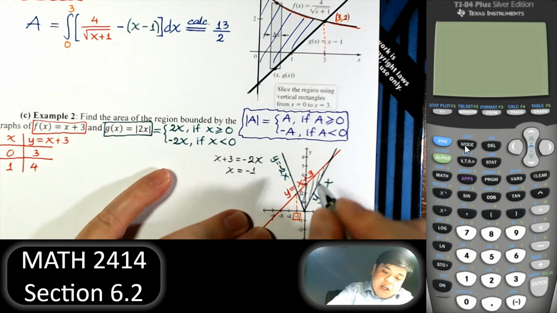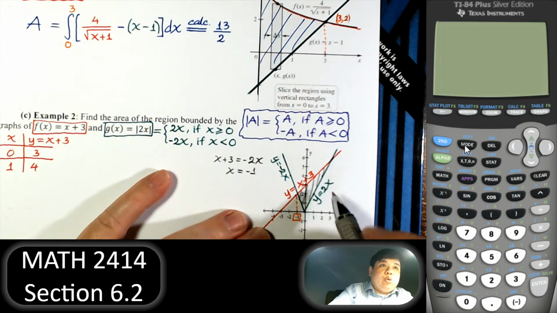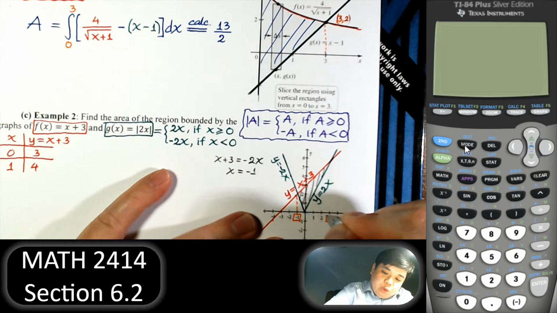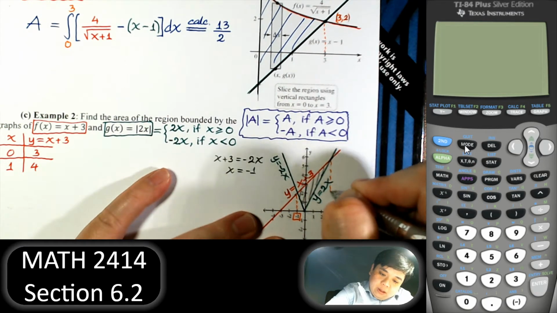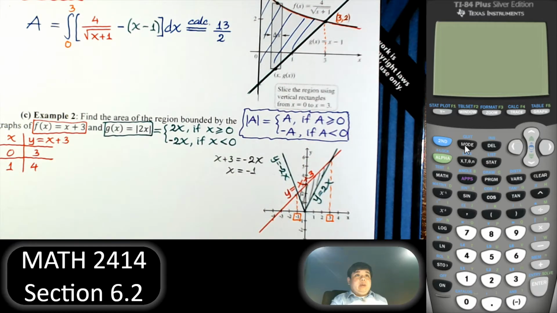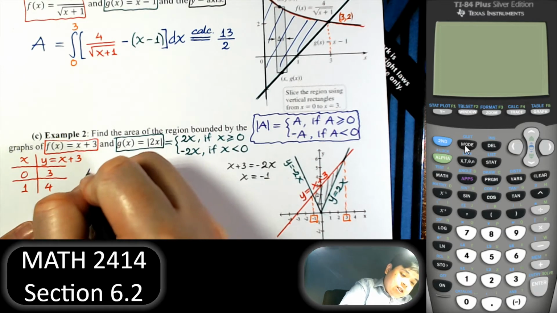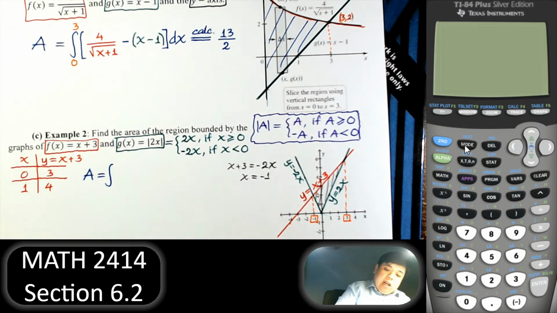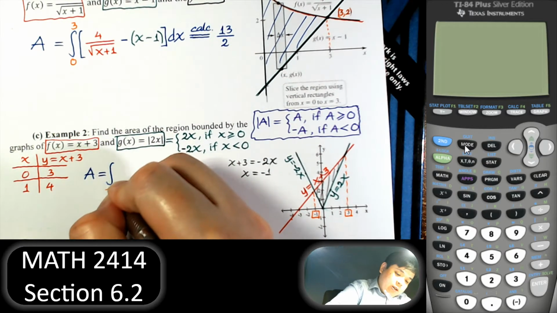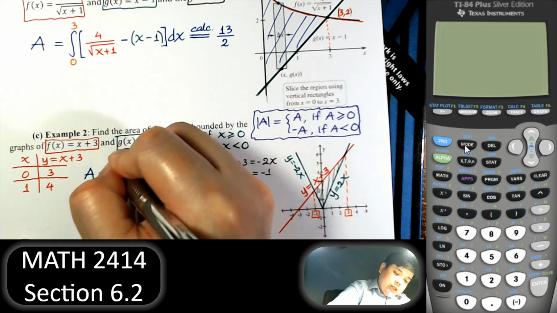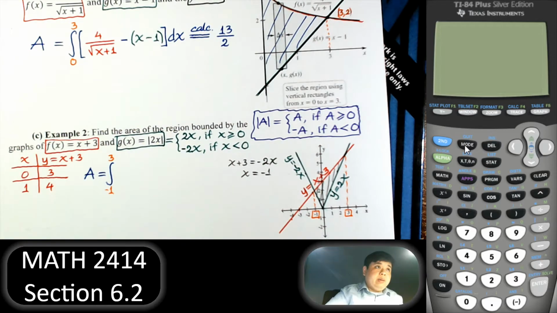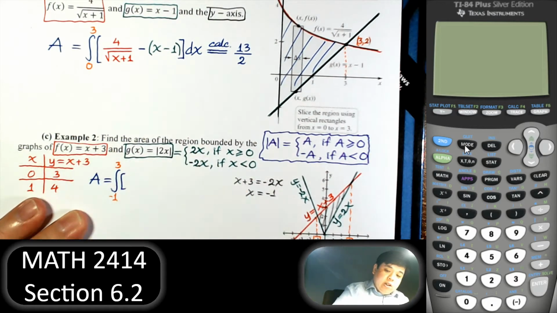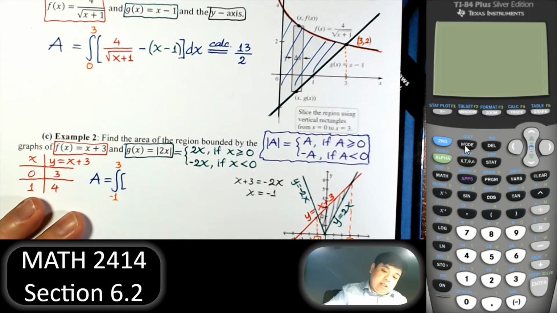And then similarly, we make x plus 3 equal to 2x. We have x equal to 3. So the limits will be from negative 1 to 3 if we talk about the function. So we can set it up like this. The area is equal to the integral with limits negative 1 to 3. The upper function is x plus 3.